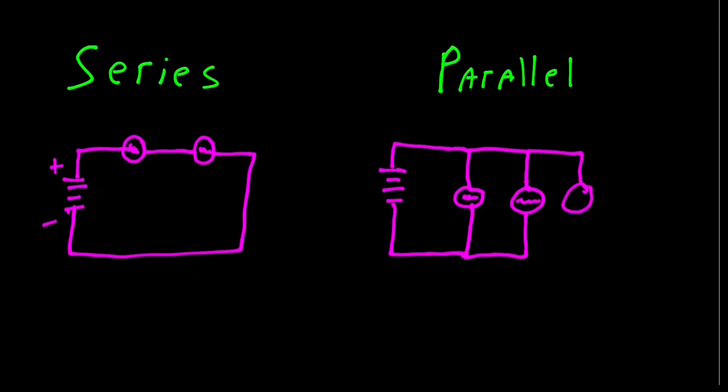And these are three components in parallel, as opposed to two components in series on this diagram here. And we'll learn why this is important a little bit later on in the lectures once we get into Ohm's law and a little more on voltages and current flow.